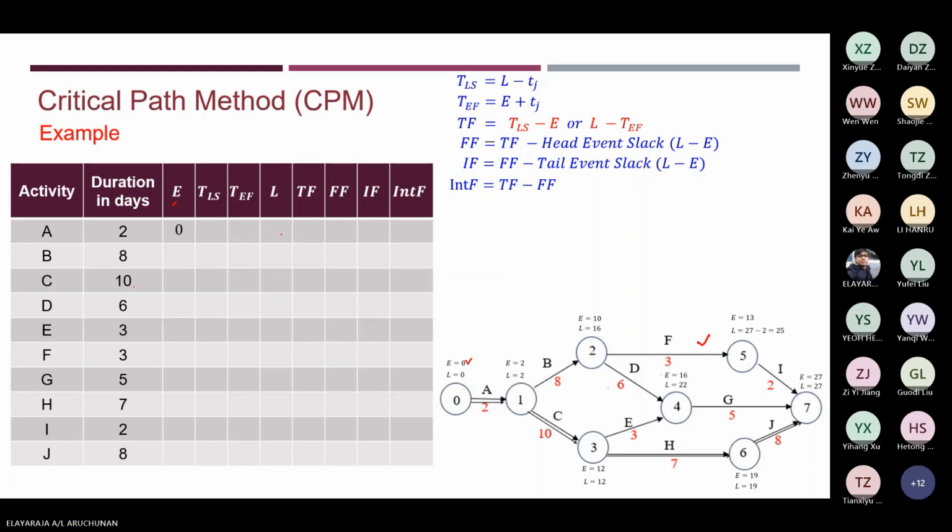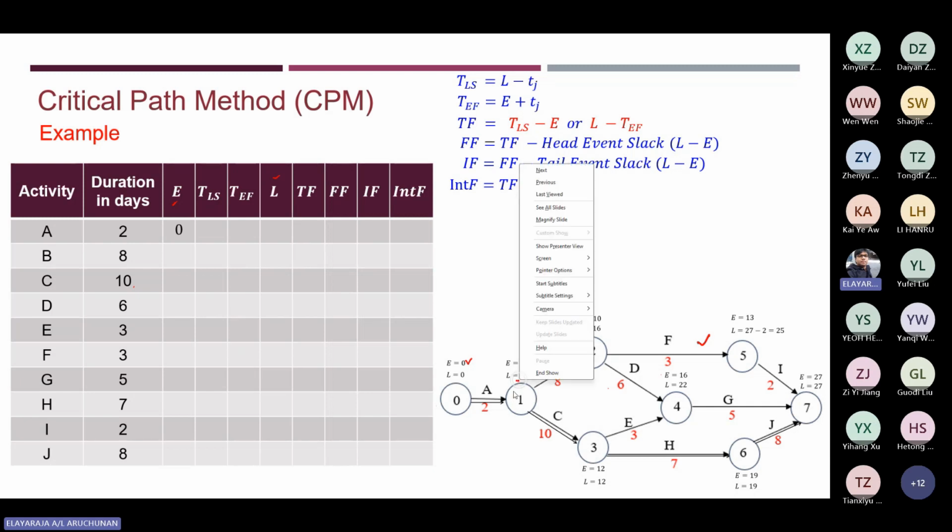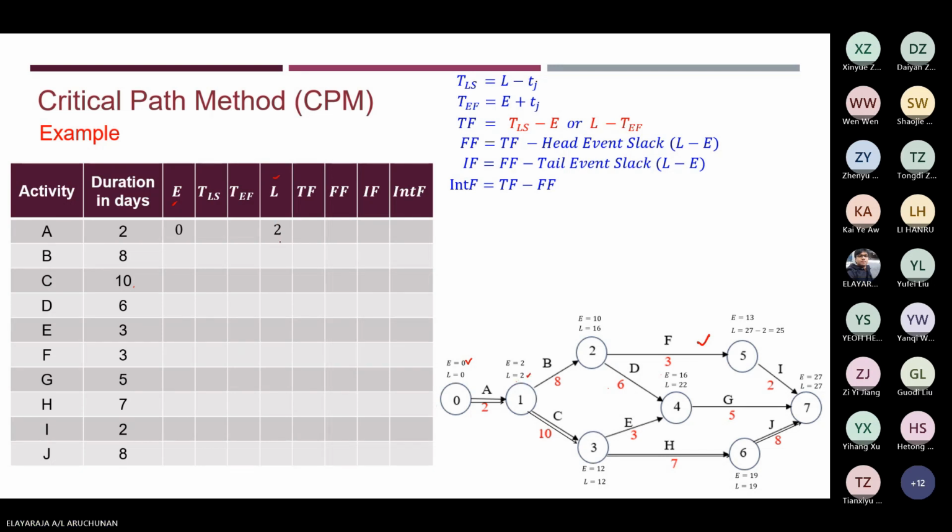Then the latest finishing time: we must look at the head of the following task. This is what we call the latest finishing time, and the earliest finishing time should be here. So you take this value and substitute here, 2.